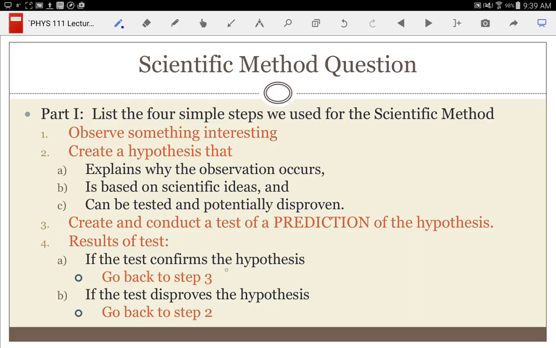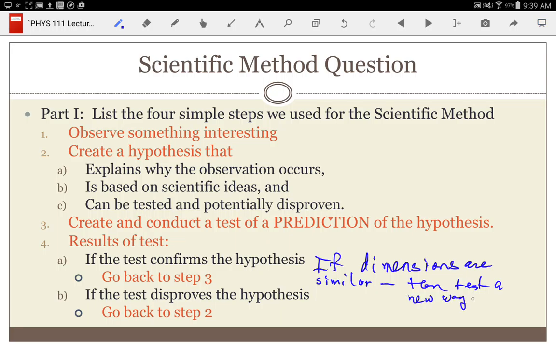So you write down here, you would say, if dimensions are similar, so it's not oblong, then what? Then it supports it, so then you make a new test. Yeah, then test a new prediction or a new way. So that's go back to step 3.